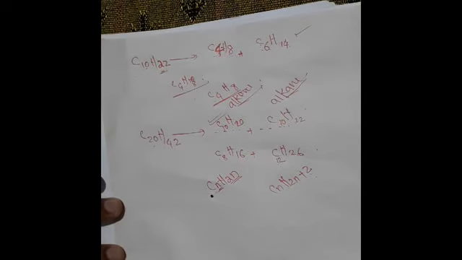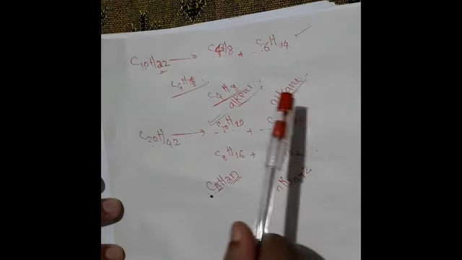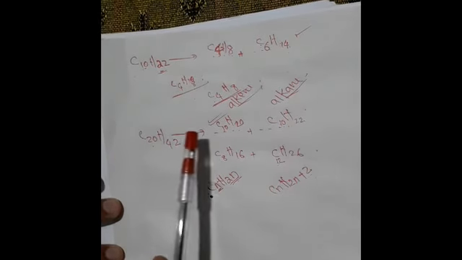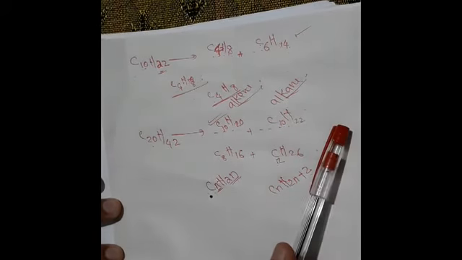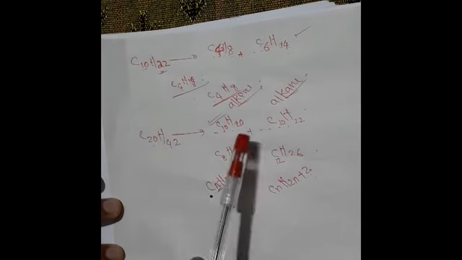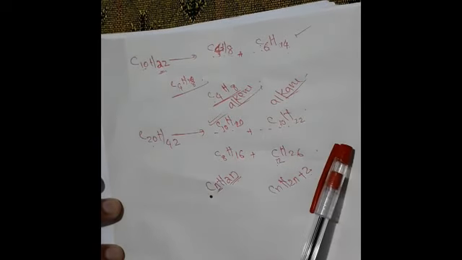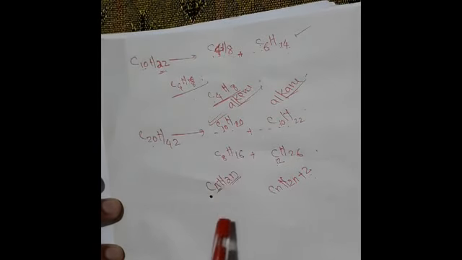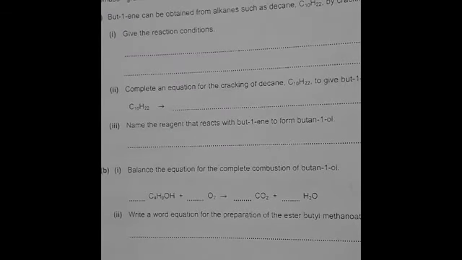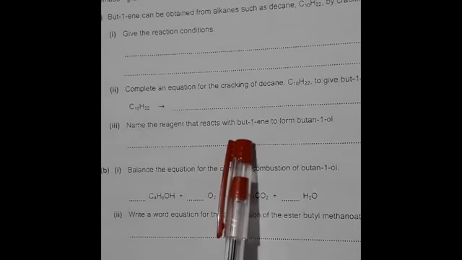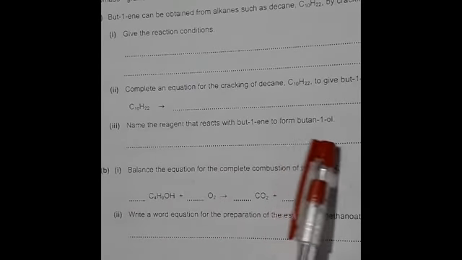So you have to remember one alkene and one alkane. Both contain carbon and hydrogen. Also you can divide number of carbon anyway and put the number of hydrogen according to this equation. That's it.